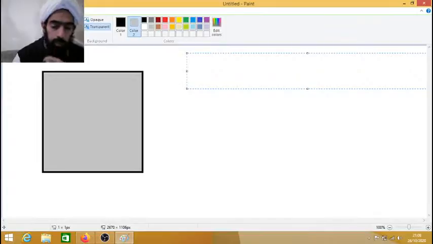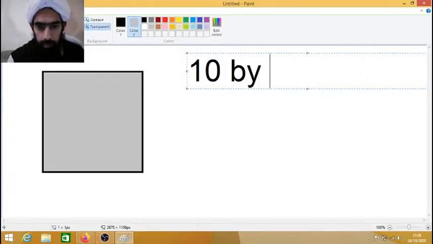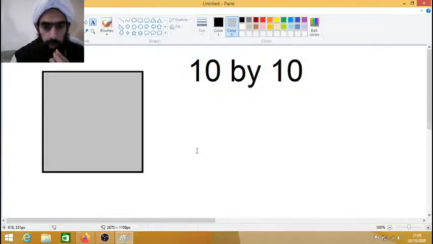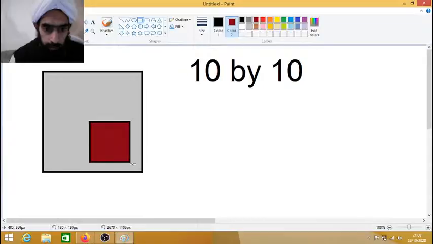Probably need to make it a bit bigger, so let's say it's a 10 by 10 square, and that's going to give us an area of 100. And now let's imagine another square which is a bit smaller, just a 3 by 3 square, just on the inside of this one.